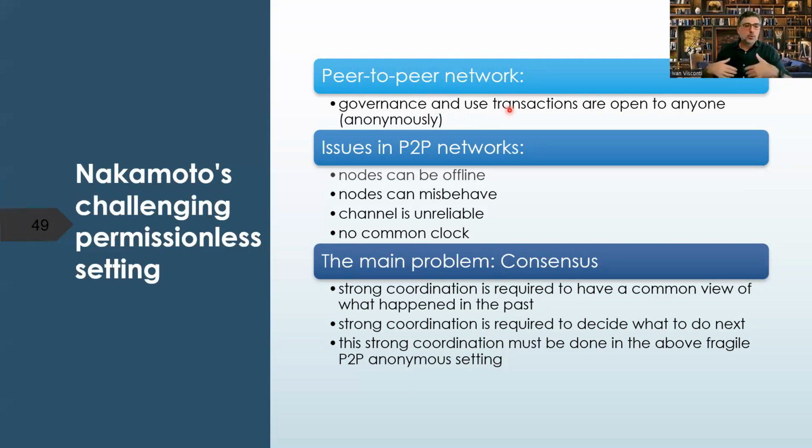And the peer-to-peer network is open, it's anonymous and open to everybody. Okay. Therefore, it's the extreme point, the farthest possible point from the permissioned setting. This is completely without structure. You don't know anything. Nodes can be offline, can misbehave, channels are unreliable, no common clock.